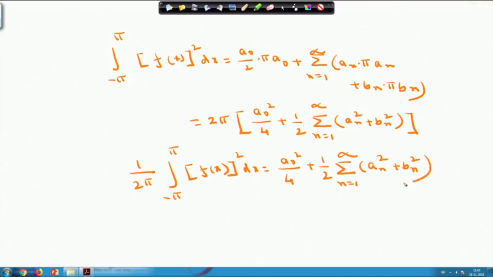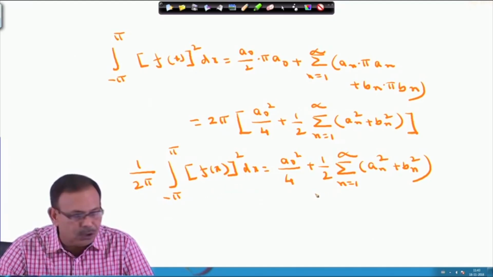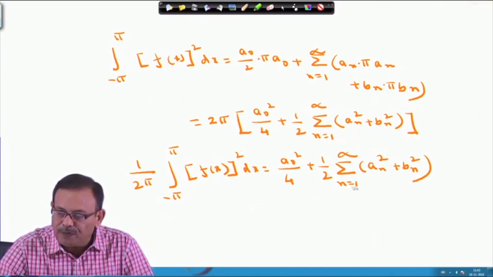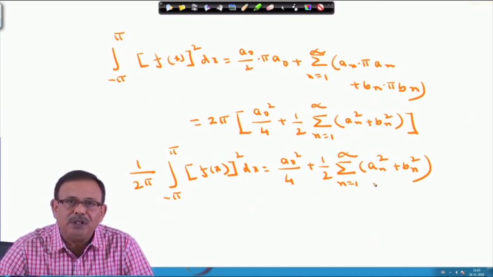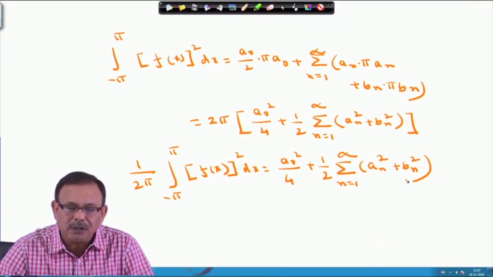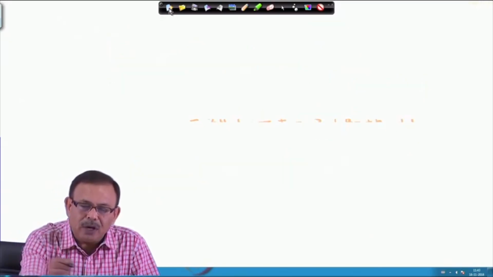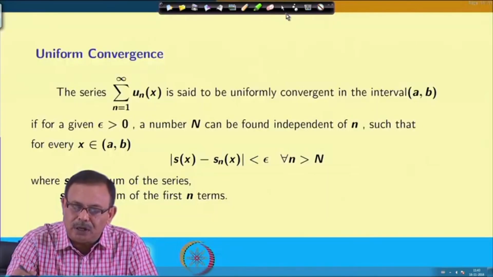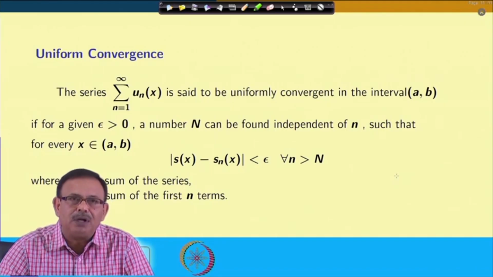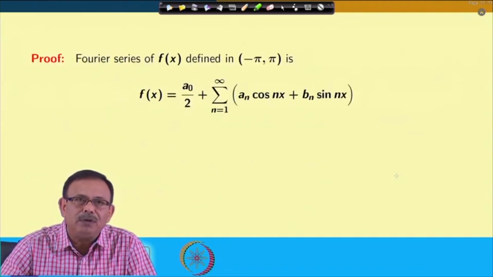Therefore, Parseval's theorem states that 1 by twice pi times the integral from minus pi to pi of f x whole square dx is equal to a 0 square by 4 plus half into summation n equals 1 to infinity of a n square plus b n square.